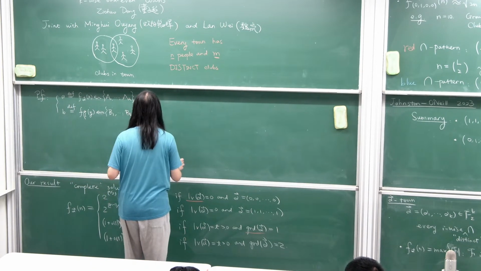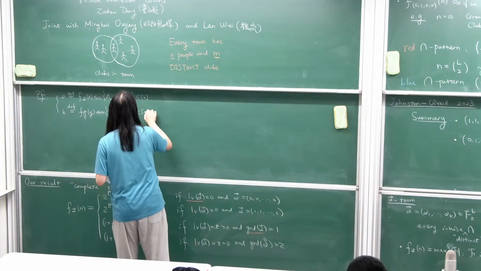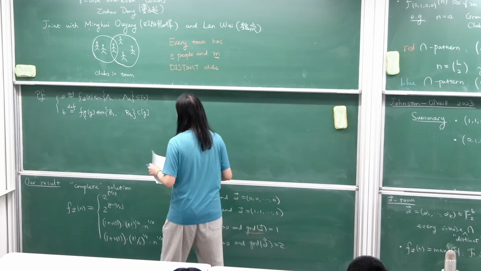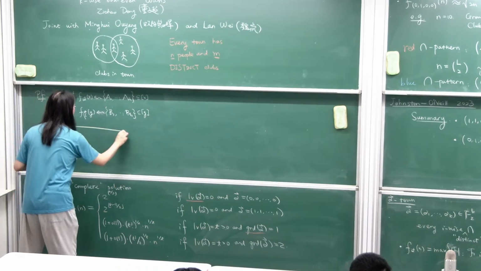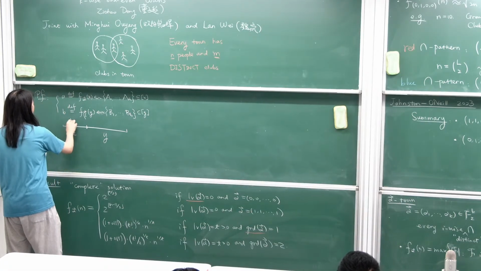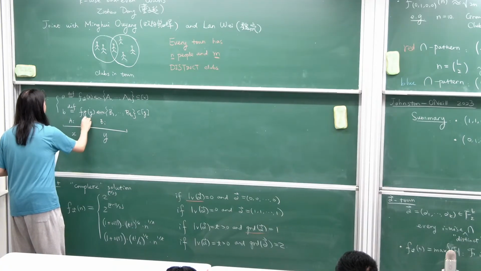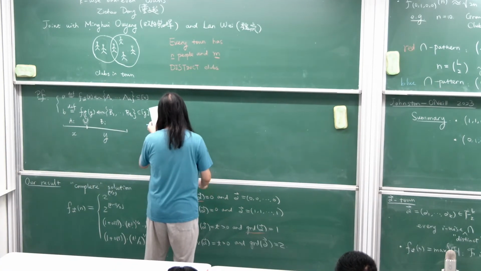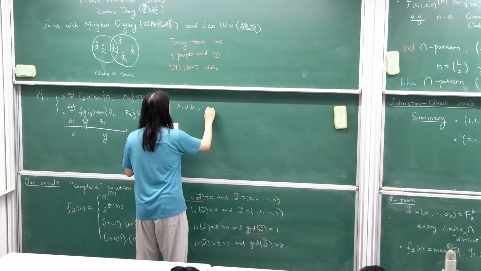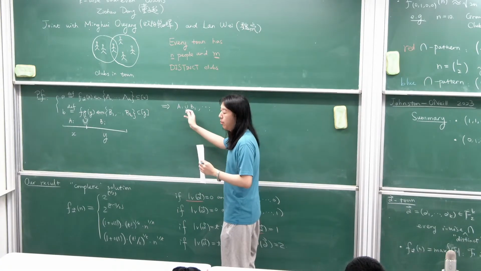These are on the ground set X and ground set Y. But now I want to draw a larger thing, which is X plus Y. And I put AI here, I put BI here, I take the union. So it follows that this implies that I'm shifting and then taking the disjoint union.